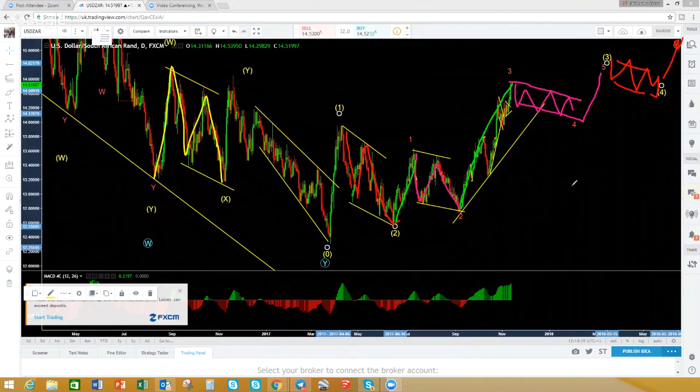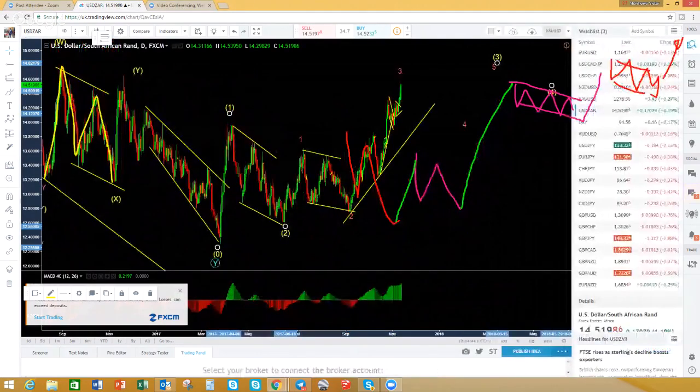So you see, US dollar weakness, right? We know in December there's an elective conference for the ruling party, so more political uncertainty would possibly affect the ZAR against the US dollar. So long-term US dollar weakness.